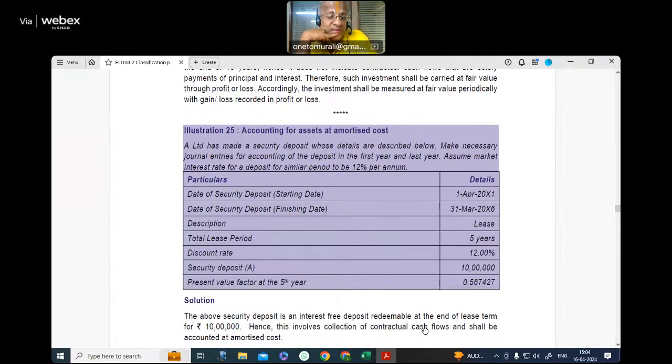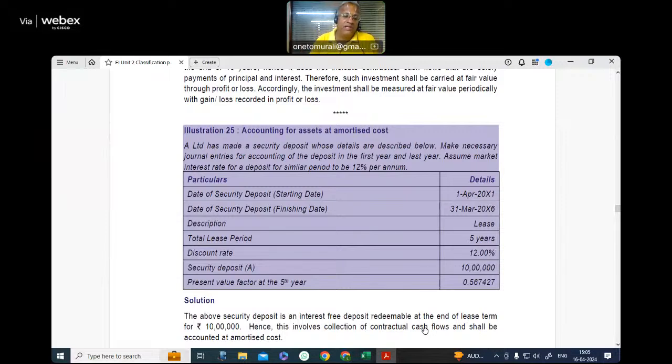Accounting for assets at amortized cost. A Limited has made a security deposit whose details are described below. Make necessary journal entries for accounting of the deposits in the first year and the last year. Assume market interest rates for deposit for similar period is 12% per annum. Date of security deposit starting 1st of April X1, finishing 31st of March X6.